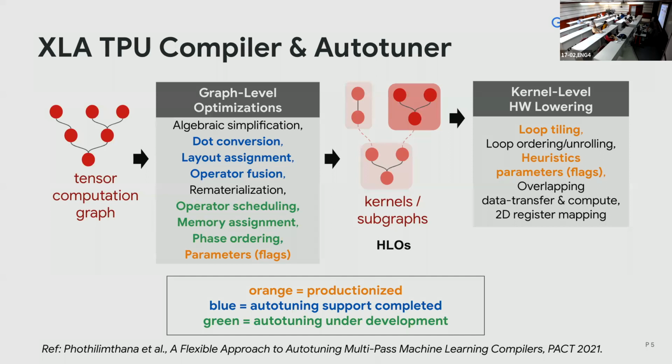Now, once you make the graph level optimization decisions, you end up with something that we call a kernel, where each kernel is basically, for example, these squarish boxes that I draw here. A kernel usually contains a few of the ops or nodes fused together, meaning that we already decided that these ops should be fused together to form a kernel.